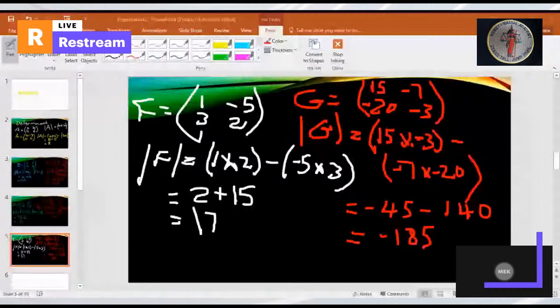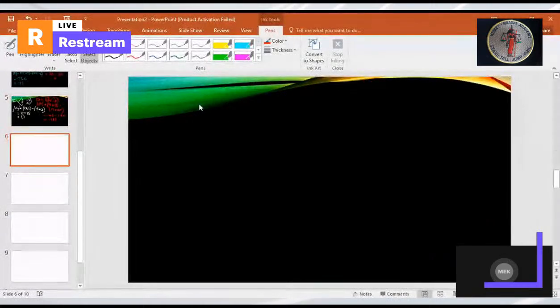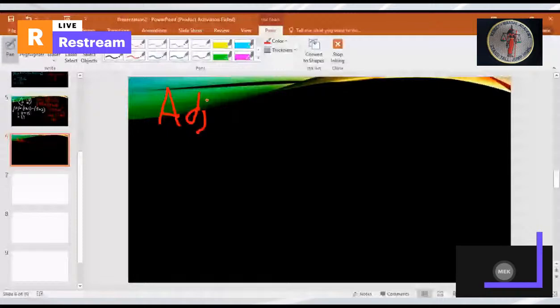All right. So let's look at finding the adjoint. And remember, you're going to need to find the determinant and the adjoint in order to find the inverse of the matrix. So so far for matrices, we've looked at addition of matrices, subtraction, scalar multiplication, and 2 by 2 multiplication.